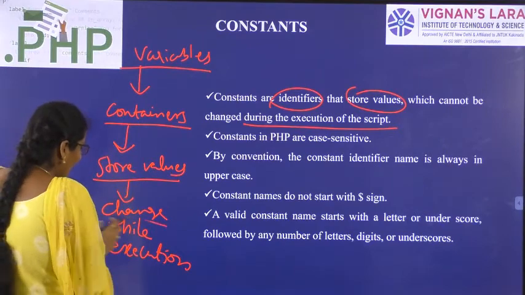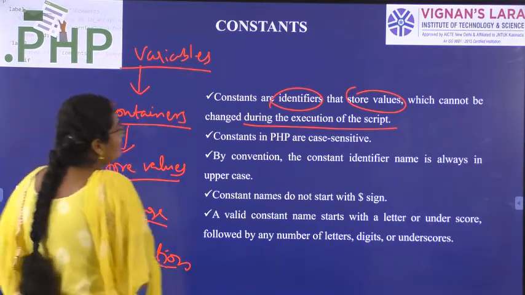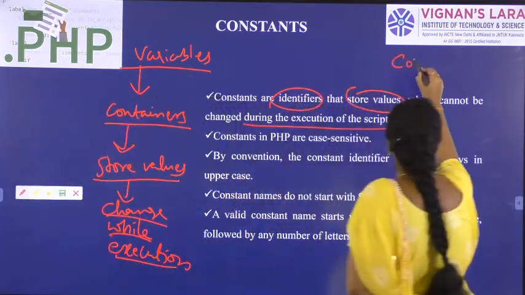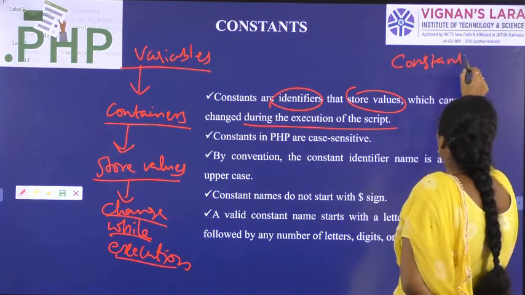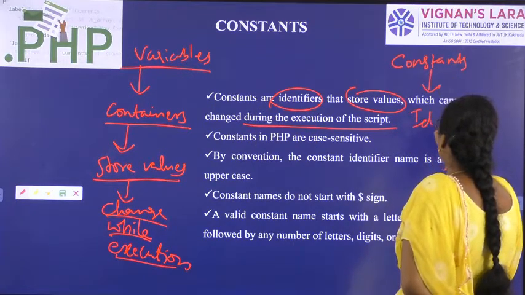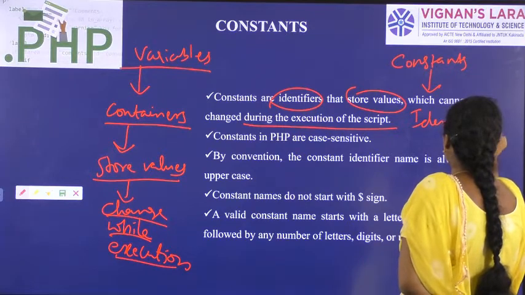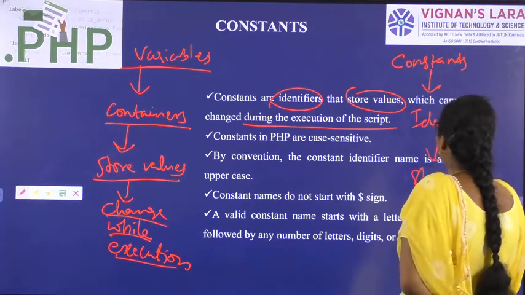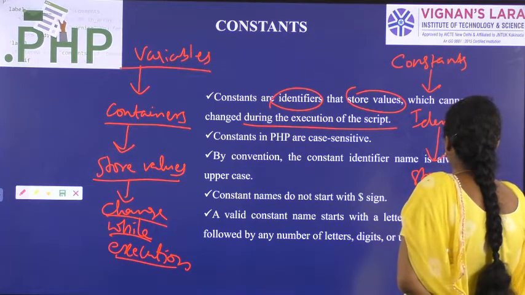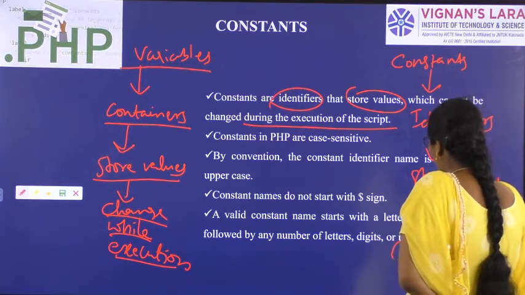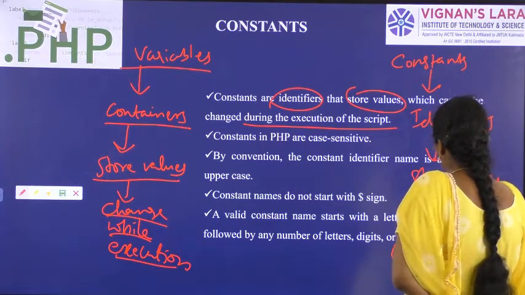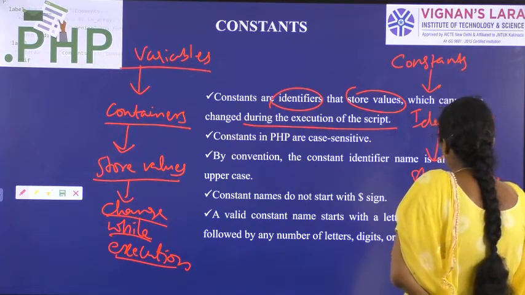These values can be changed while executing. On the other side we have constants. Constants are called identifiers. These identifiers are used to store values and these values cannot be changed while execution.